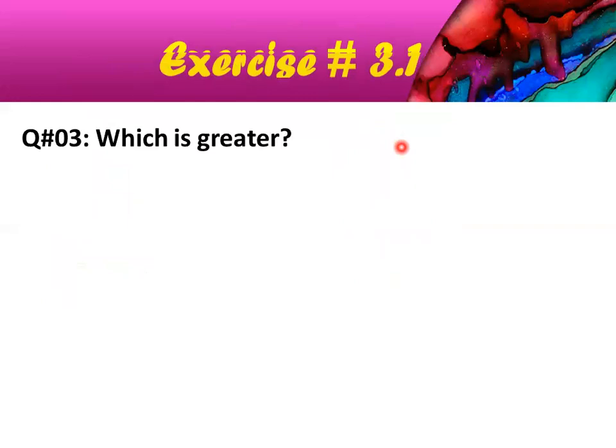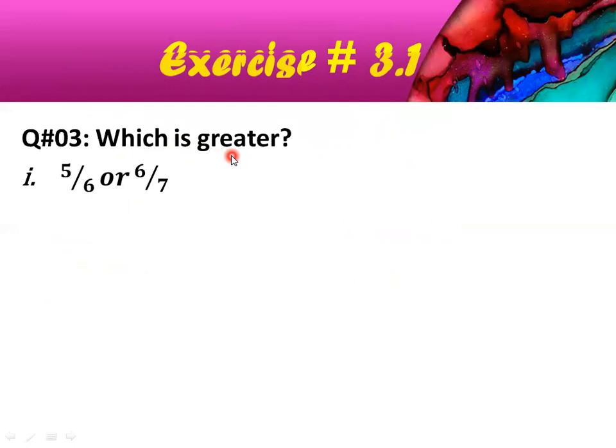Now question number 3, what you have to do, you have to decide which is greater. Now look here: 5 upon 6 or 6 upon 7. You have to decide which one is greater.